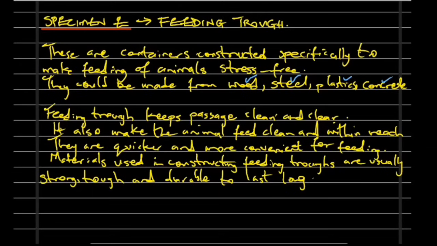If you look at them, you often see animals like the ruminants and poultry birds being fed with this particular specimen, the feeding trough. I'll show us examples shortly. They are of different types.